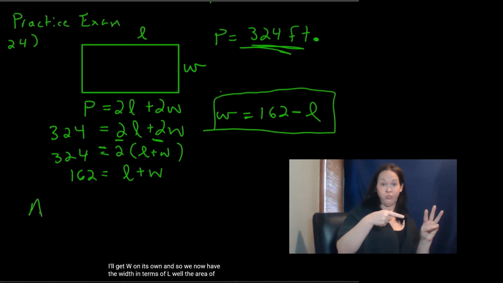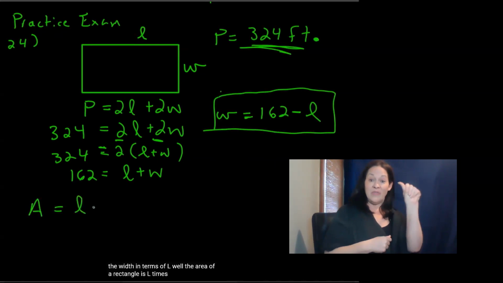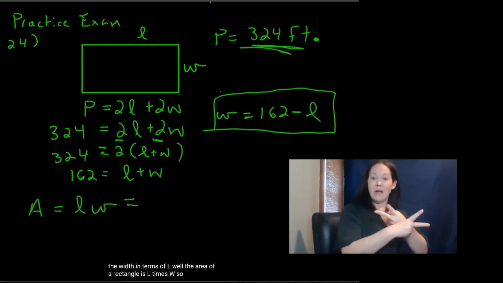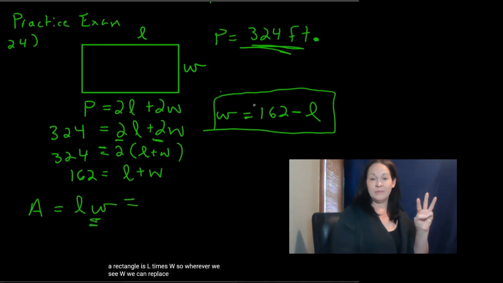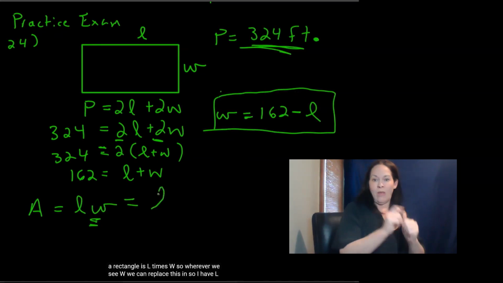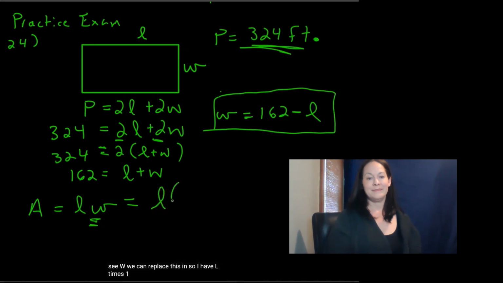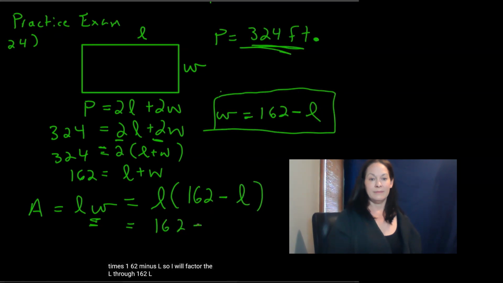Well, the area of a rectangle is L times W. So wherever we see W, we can replace this in. So I have L times 162 minus L. So I will factor the L through: 162L minus L squared.